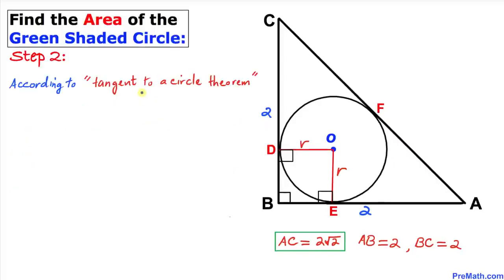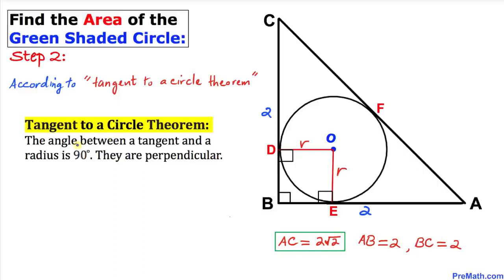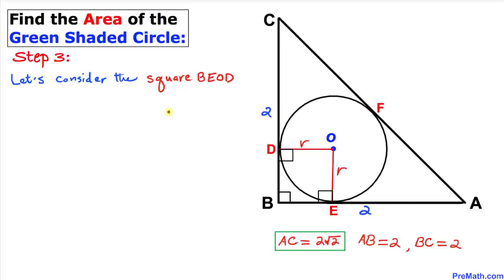Now let's recall the tangent to a circle theorem. And here's the tangent to a circle theorem. The angle between a tangent and a radius is always 90 degrees. That means they are perpendicular. In our case, this radius and this tangent line, they have a 90-degree angle, and likewise this one is 90 degrees again. And here's our next step.